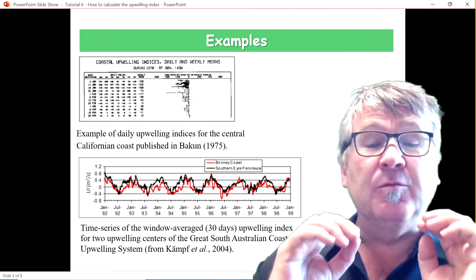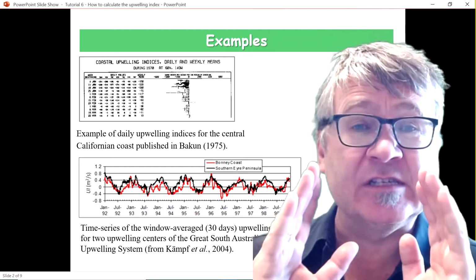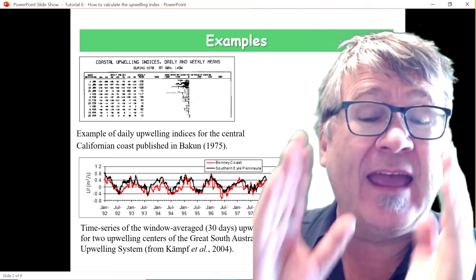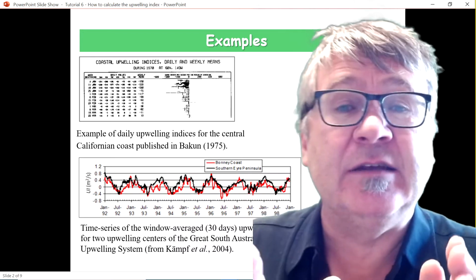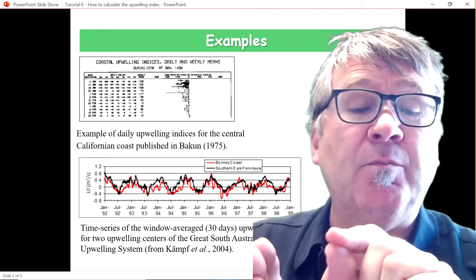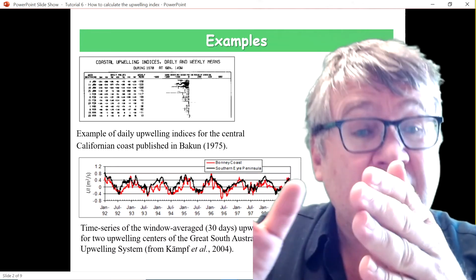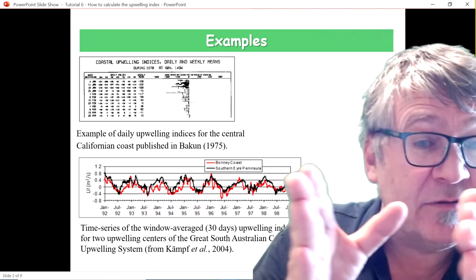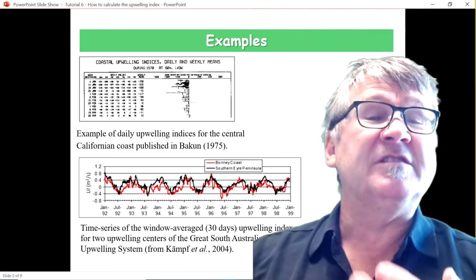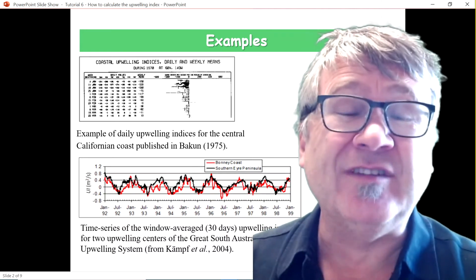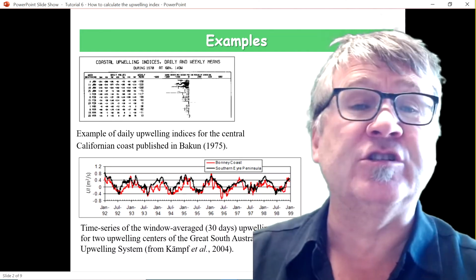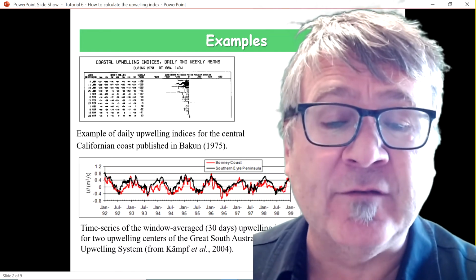What it means is you place a window which is 30 days long over any part of the original time series, and you average the value onto the central point. And then you move the window over the time series. So it's a smoothing filter that removes the day-to-day strong variability and only keeps the average signature of a time series.